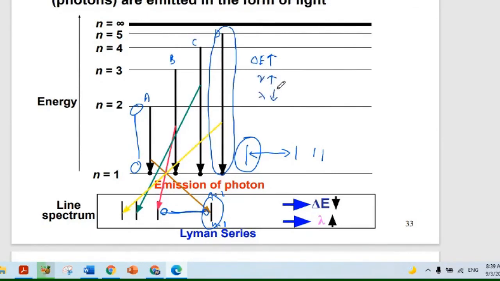Always remember, you have to know how to identify the largest energy, the highest frequency, and then the shortest wavelength. You check, because n equal to 5 to n equal to 1 should have the highest delta E. Delta E is directly proportional to frequency, and delta E is inversely proportional to lambda.